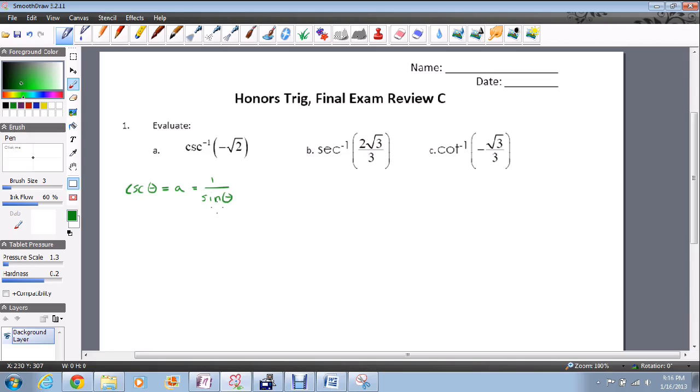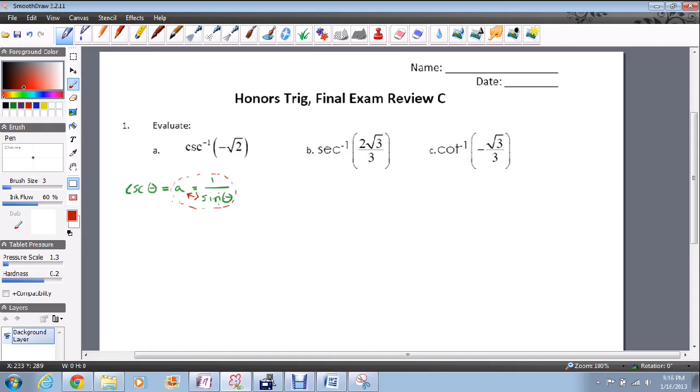Okay. So I'm going to take this part here and just remind us how we can rewrite this. A little trick, I'm going to switch where the A and the sine of theta are.